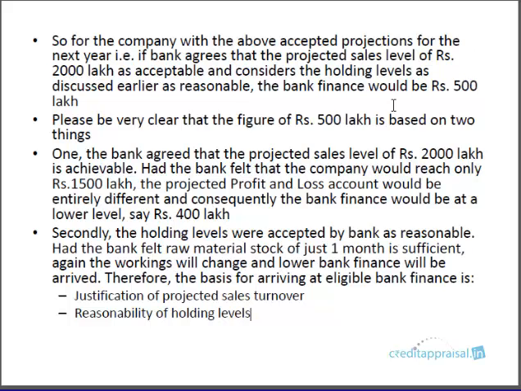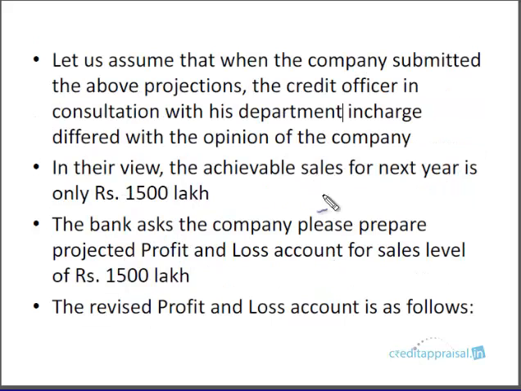So what happens if we change this? Let us assume the company has come with the projections we just now discussed, and accordingly the company is asking for finance of 5 crores. But you as a banker feel that 20 crores is not an achievable level of sales for this company. You feel that the company is going to achieve only 15 crores. This is your assessment.